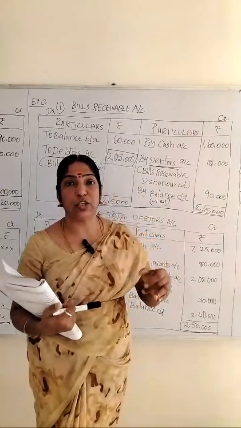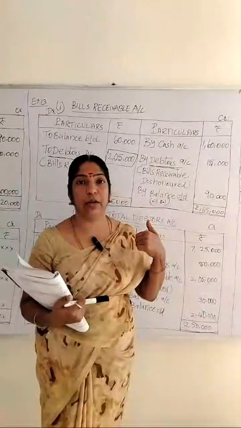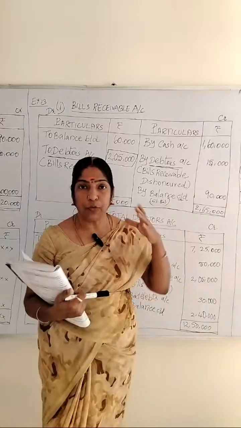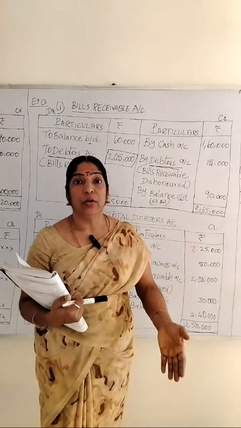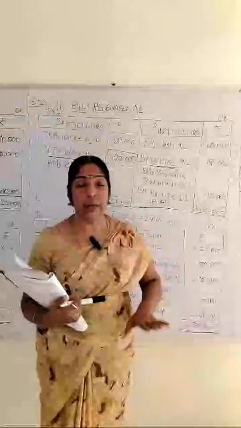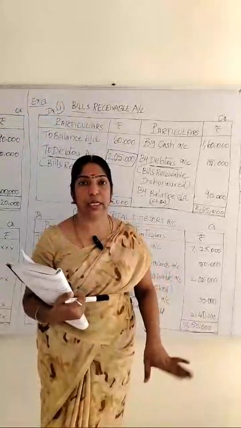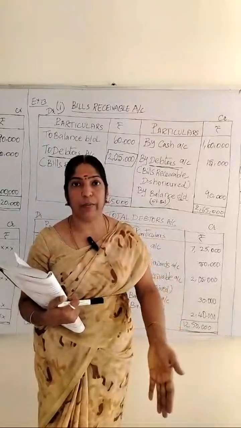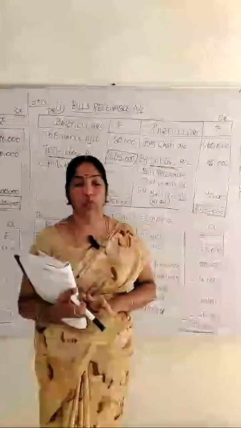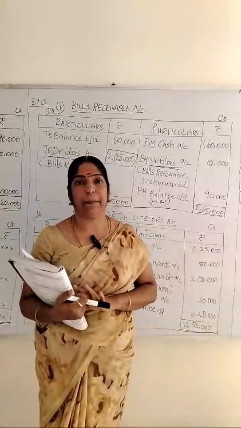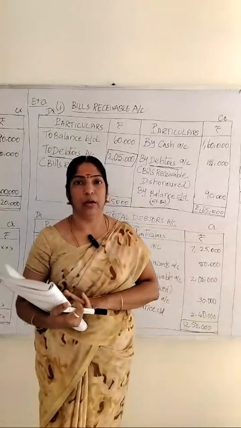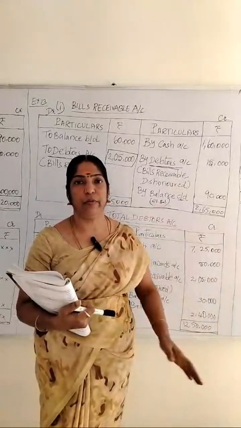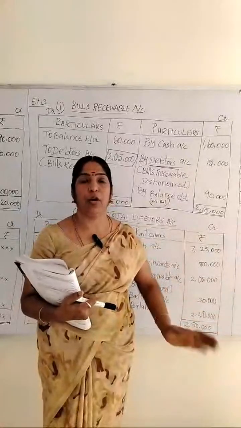When you make cash sales, you receive cash immediately from your customer or buyer. If you make credit sales, you can't receive the cash immediately on the spot. During the sales, you can't receive the cash. That customer or buyer promises that he will pay later, say for example in 1 month, or 15 days, or within a week, not on the spot.